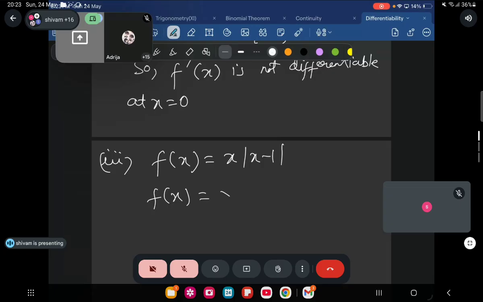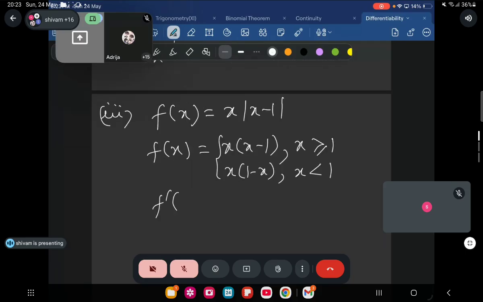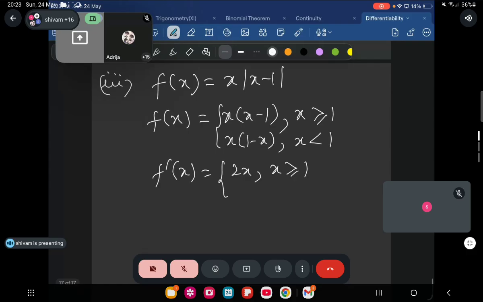It will be equal to x into x minus 1 when x is greater than 1, and it will be equal to x into 1 minus x when x is less than 1. Tell me, are you people getting? Yes or no? What is f dash x? f dash x will be equal to 2x, and it will be equal to minus 2x when x is less than 1.